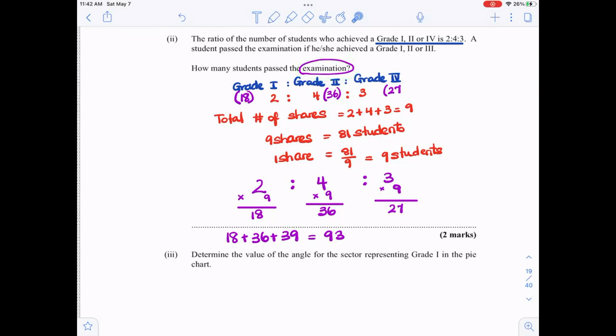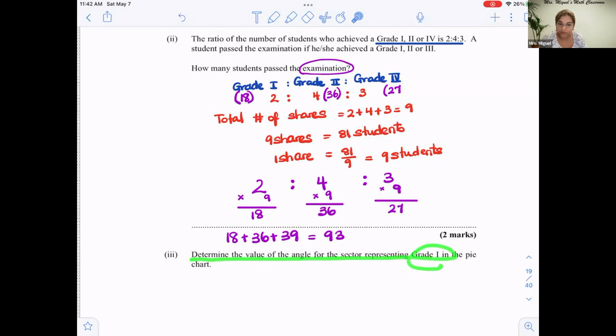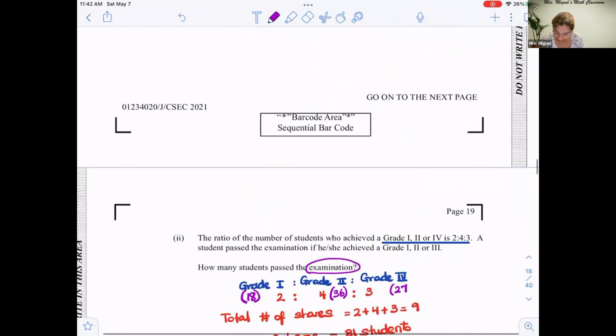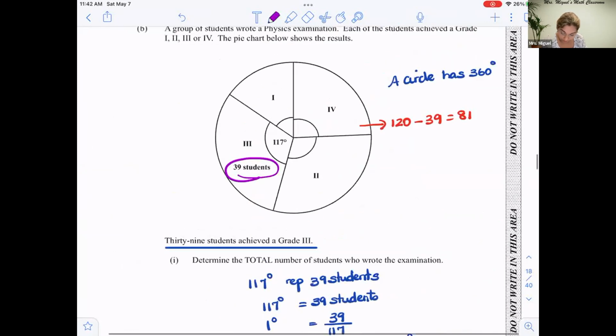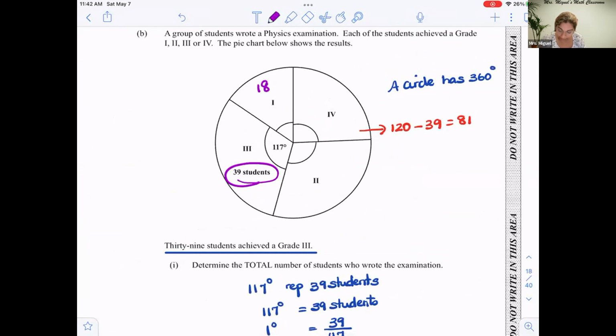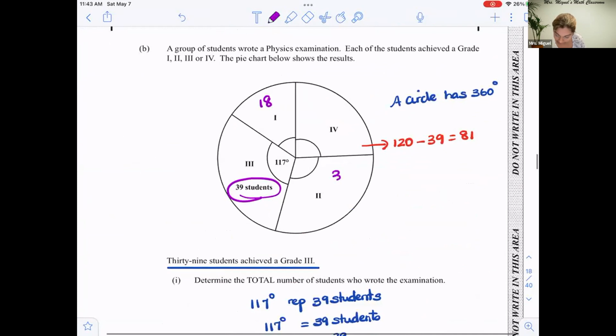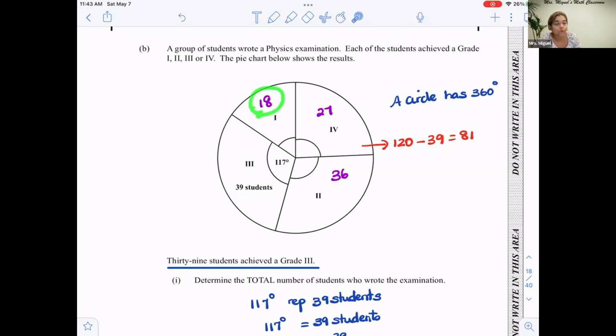Yes, miss. Determine the sector angle for grade 1. So we're going back now. Grade 1 represents how many? 18. So here, this is 18. Grade 2 is 36 and 27. So the sector angle will be 18 over the total.